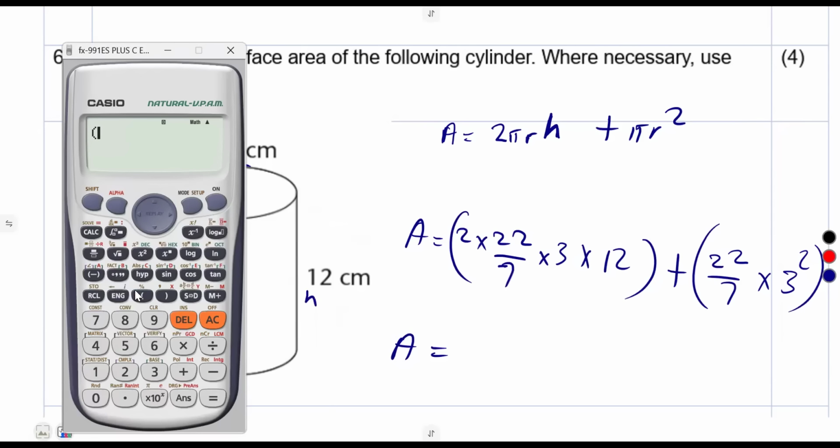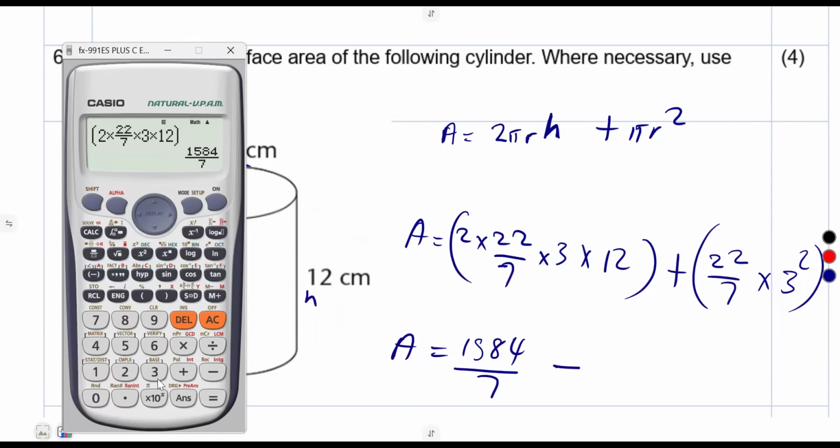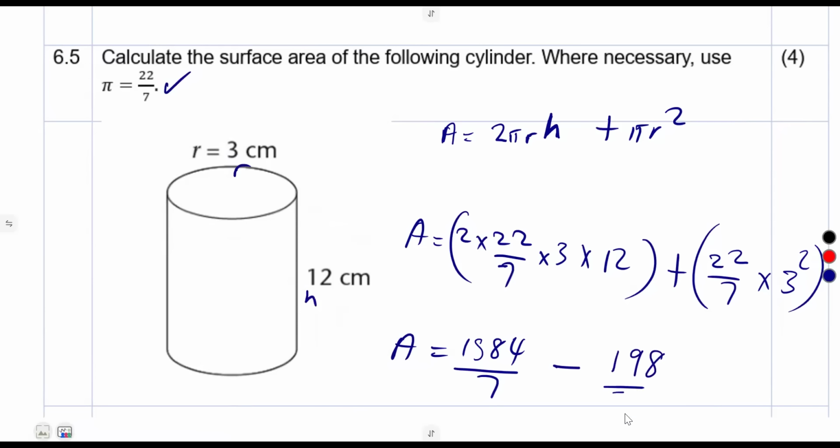Let's just find the first one. 2 times 22 over 7 times 3 times 12. That's this one, 1584 over 7, plus the other one, 22 over 7 times 3 squared, which is 198 over 7. All right, so it's over 7.